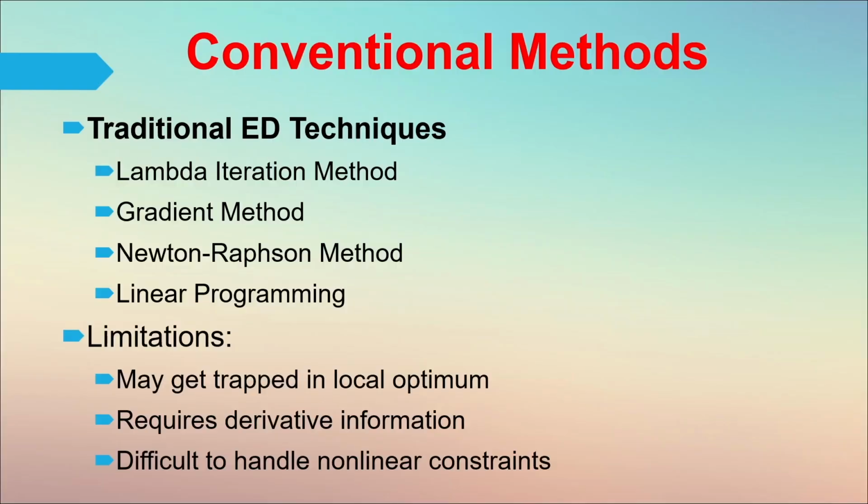Even though we have a lot of conventional optimization methods, because of these practical complexities, they struggle or cannot be effectively applied to find the solution to the economic dispatch problem. What are the conventional methods? The conventional, or traditional, methods are the lambda iteration method, gradient method, Newton-Raphson method and linear programming method.